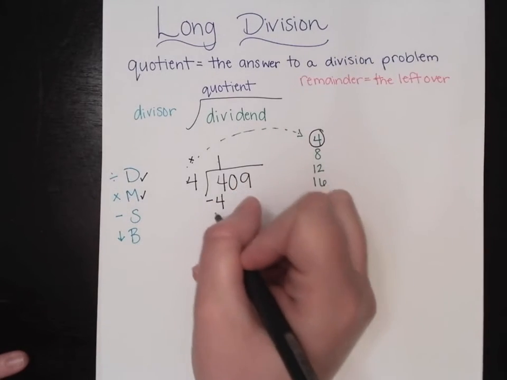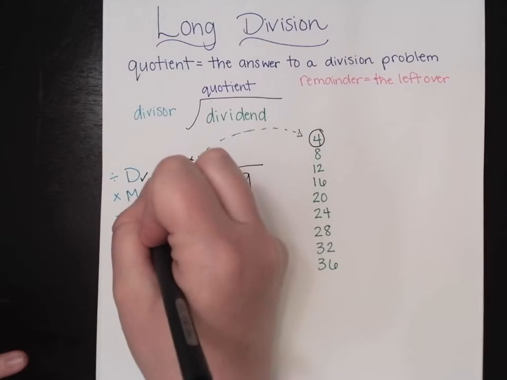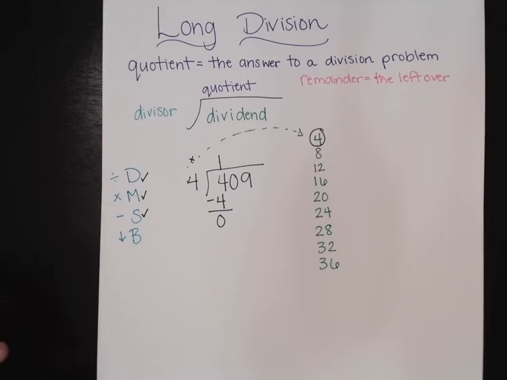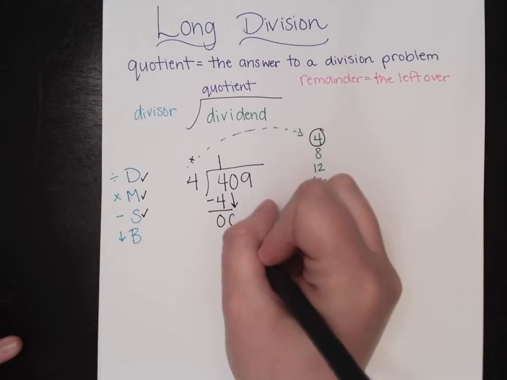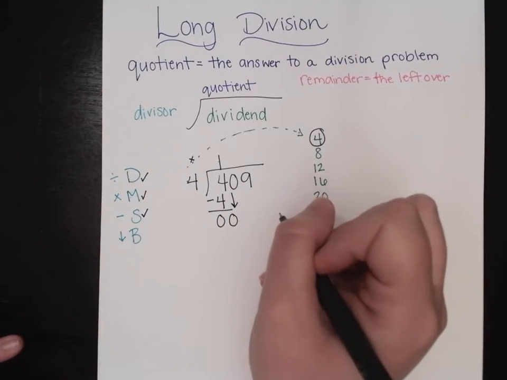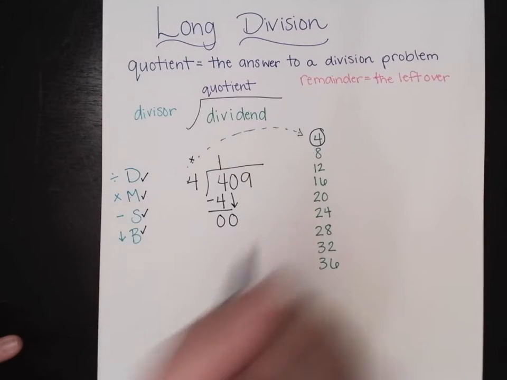So 4 minus 4 equals 0. Check, you've done it. Now you're on bring down. Remember, you can only bring one digit down at a time. So you just bring the next one in your problem. So I'm going to bring down this 0 and put it right next to where my subtraction answer was. Now I have a new dividend. My new dividend is 0.